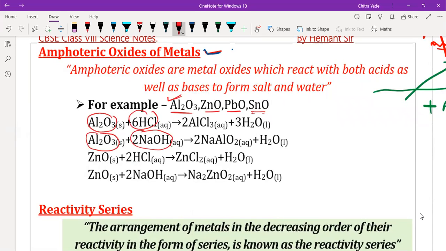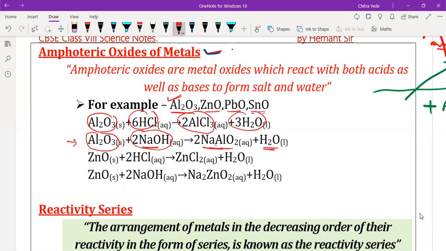Aluminum oxide reacts with acid as well as base and forms a salt and water. When aluminum oxide reacts with hydrochloric acid, it gives aluminum chloride, which is a salt, and a water molecule also forms. In the second reaction, aluminum oxide reacts with sodium hydroxide, which is the base, and forms sodium aluminate, the salt, and water is also formed.